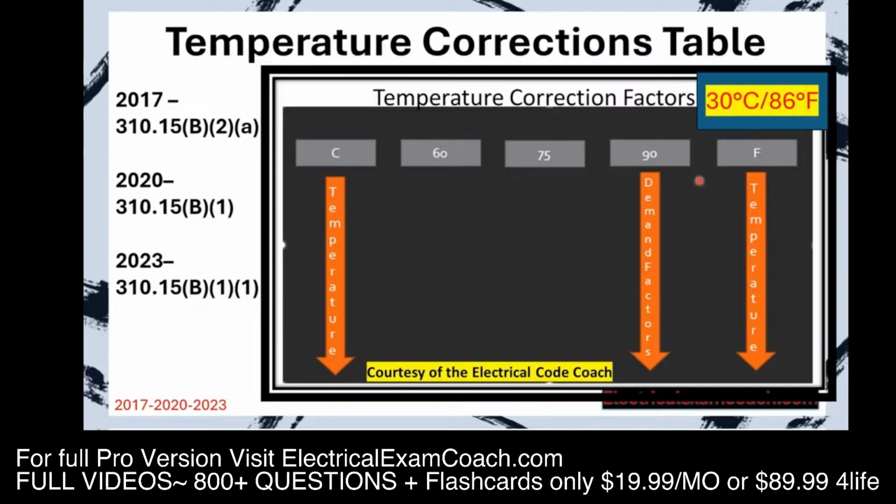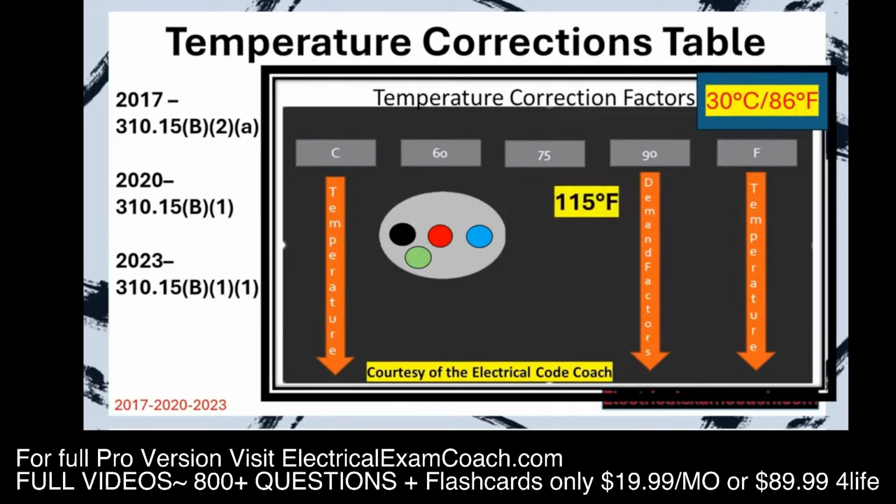Let me give you an example. Let's imagine that we have this circuit here with our black, red, blue in it, and we have our equipment grounding conductor. Then let's imagine we're in an ambient temperature of 115 degrees Fahrenheit. We would start on the right-hand side and find 115 degrees. Then we would come over to the 90-degree C column and find our correction factor.